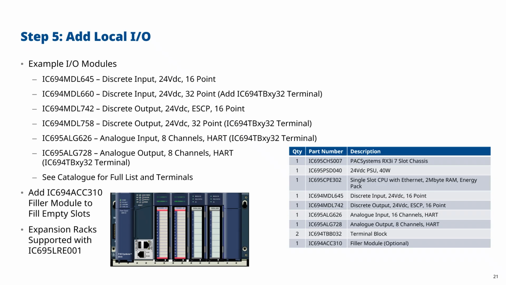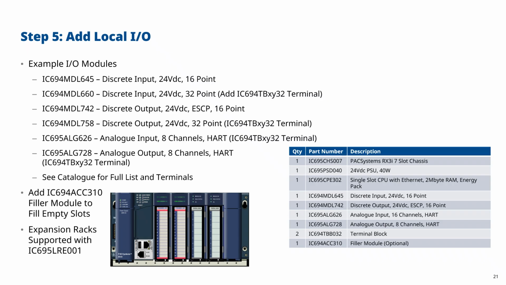And also, depending on the I/O wires you use, particularly if you've got thicker insulation, we offer a standard terminal, or there's a deeper terminal block as well, which is going to support more wires. So standard modules here include the MDL645, and the MDL660. Note that those part numbers begin IC694, not IC695.